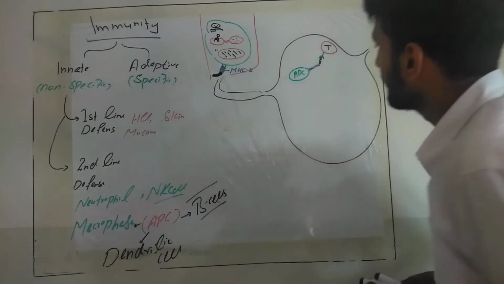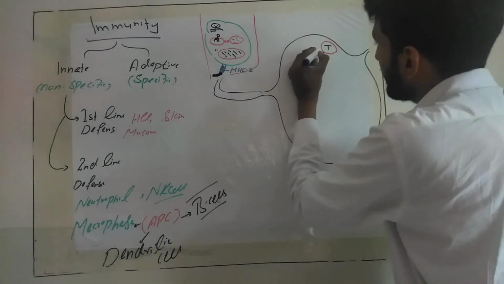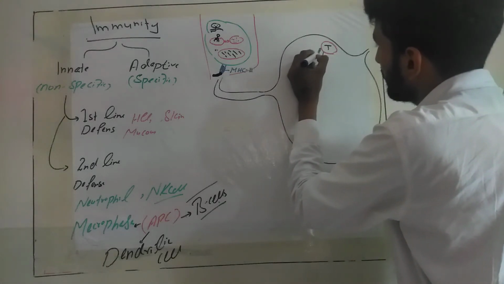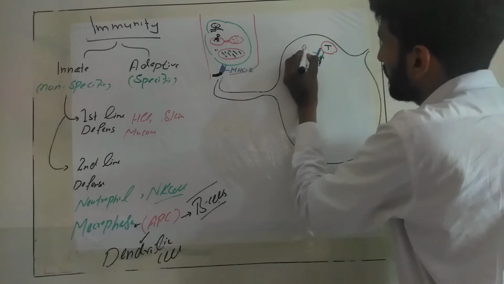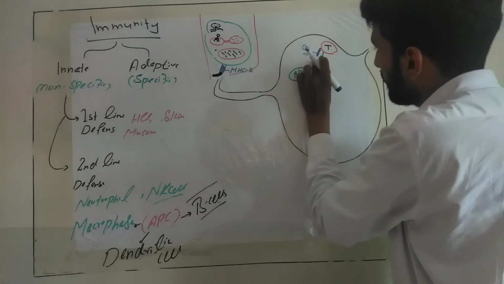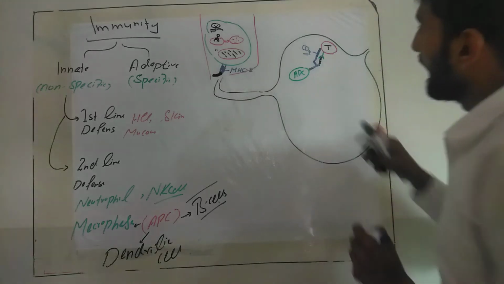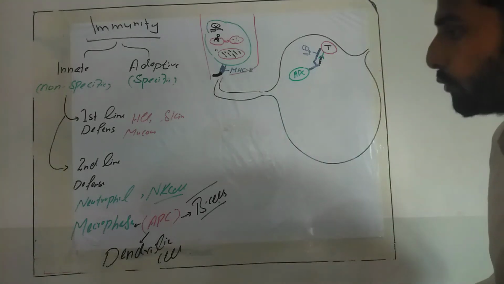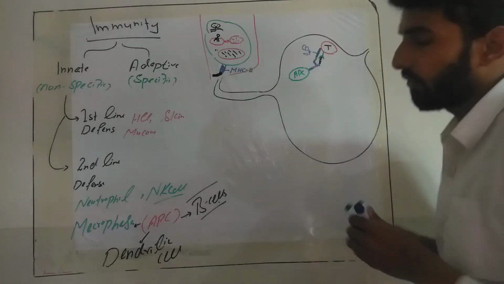This T helper cell will have a protein, CD4 protein, that will interact with this MHC2, to make this interaction stronger.